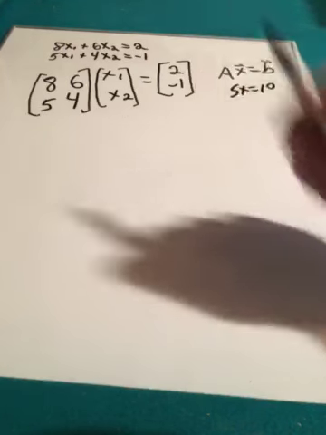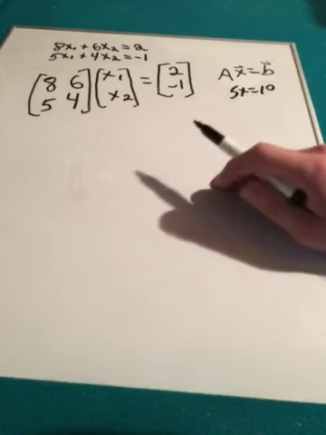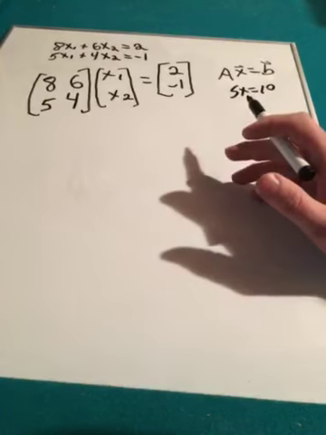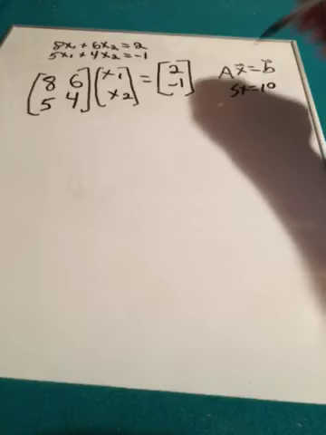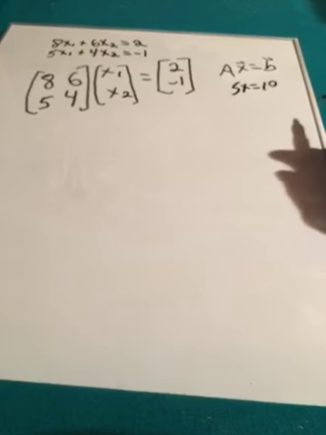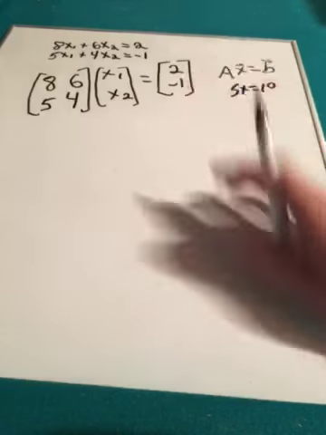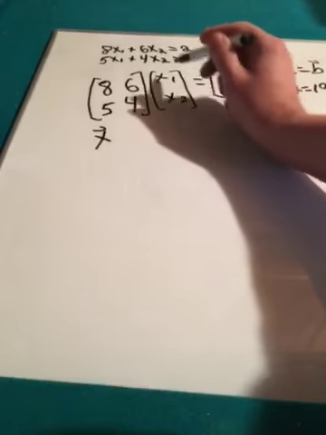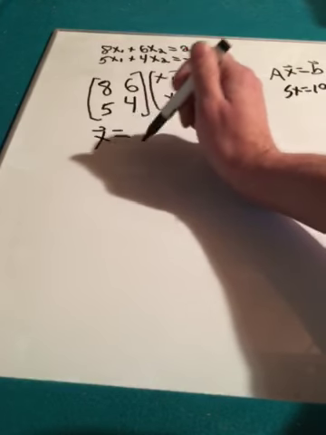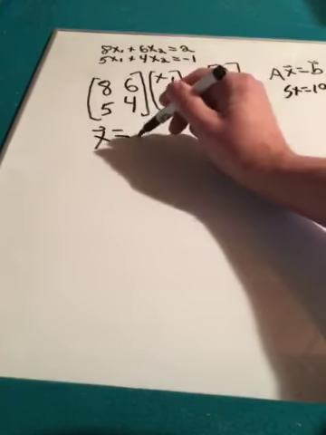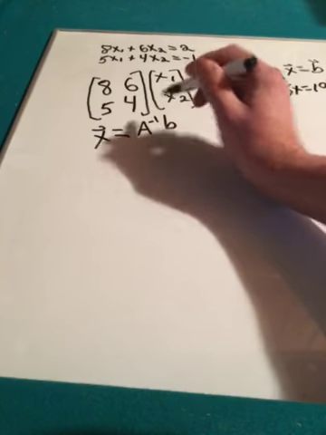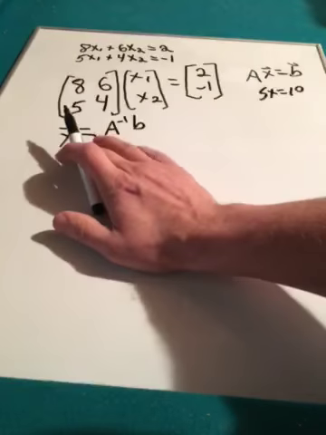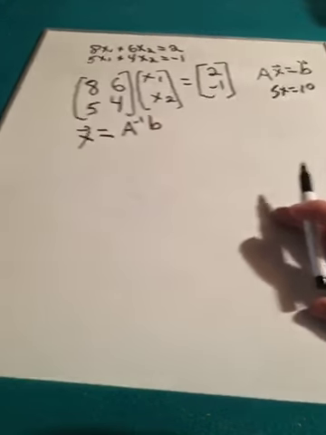But if A has an inverse, we can multiply by the inverse of A, and then A inverse times A is just the identity matrix, and then the identity matrix times x is just going to be x. So if we do the same thing to both sides, we find that x vector, which is what we're trying to find, our x1, x2, is just equal to A inverse times B.